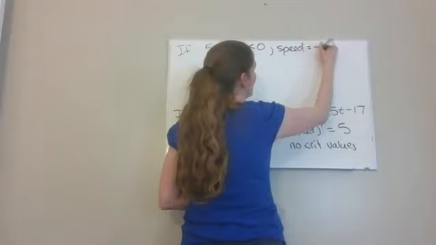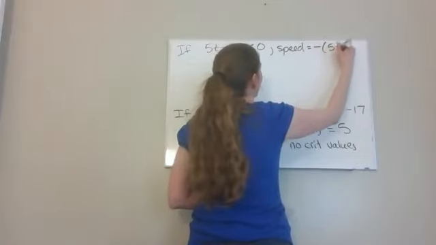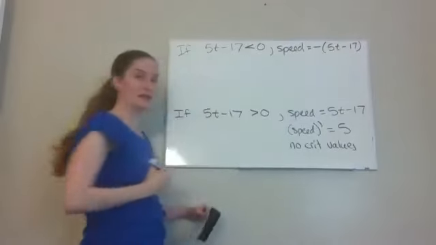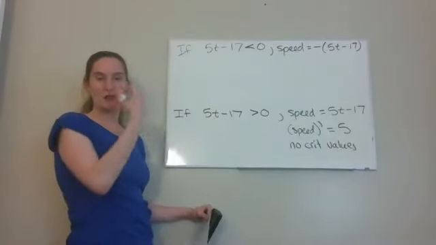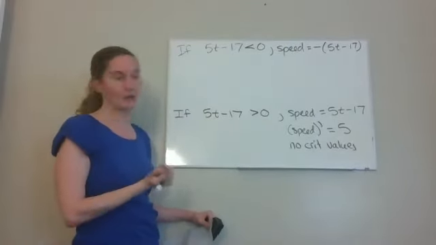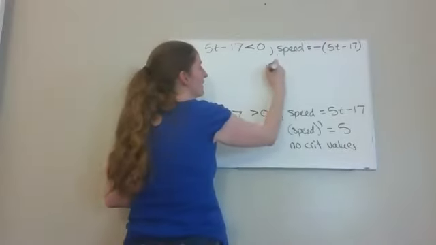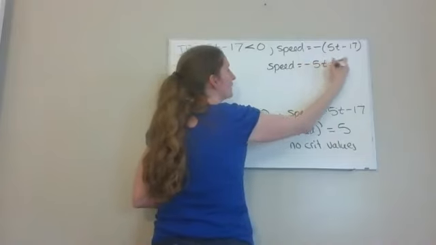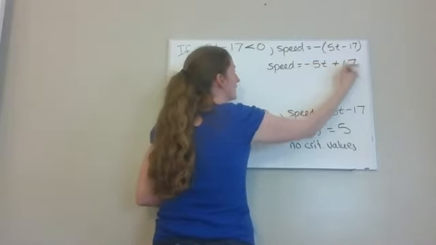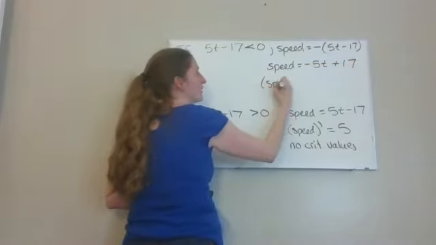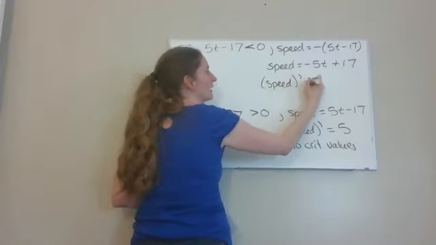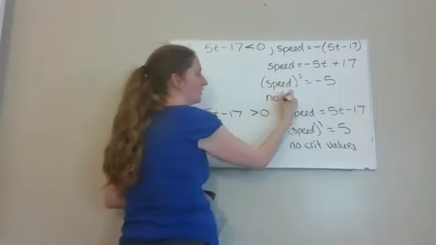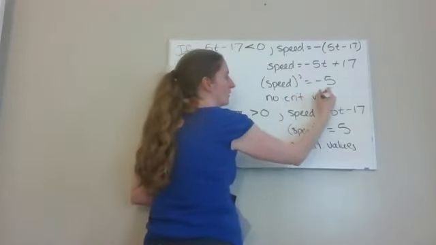So that's going to be negative of 5t minus 17, because we're saying 5t minus 17 is negative, so negative of that would make it positive. This means that my speed function looks like negative 5t plus 17, and so my derivative, speed prime, is equal to negative 5, which also has no critical values.